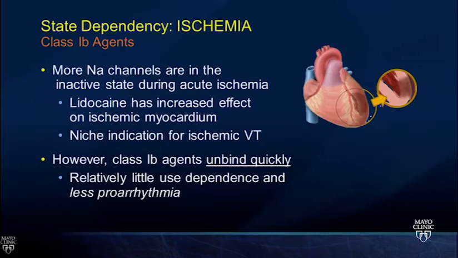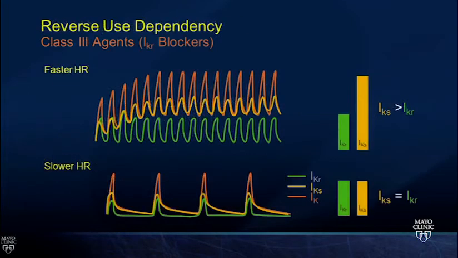Those patients are also at risk for toxicity. Remember that lidocaine is metabolized by the liver, and in patients who have a shock liver, they may not be able to metabolize the drug. The drug quickly accumulates and can result in toxic side effects.